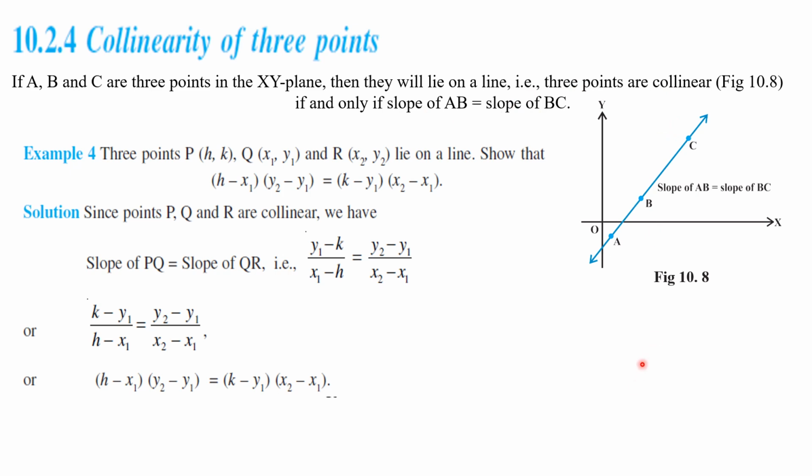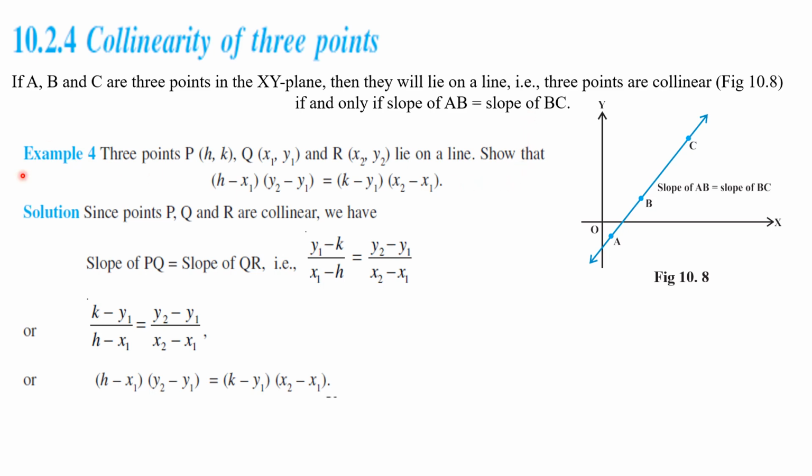See this figure, my children, observe this figure. Here A, B, C are collinear points. 3 points are lying on the same line. Then slope of line AB is equal to slope of the line BC. So this is also a useful concept for collinearity of 3 points.